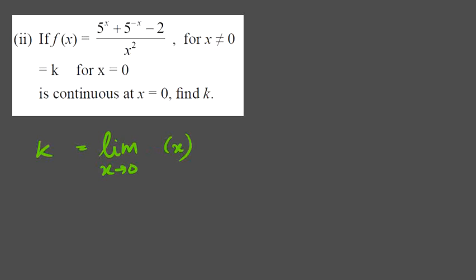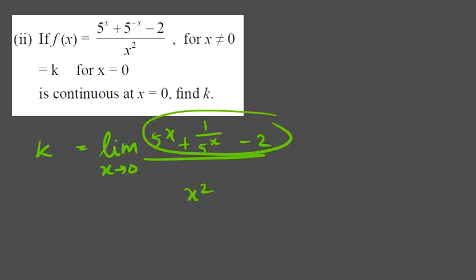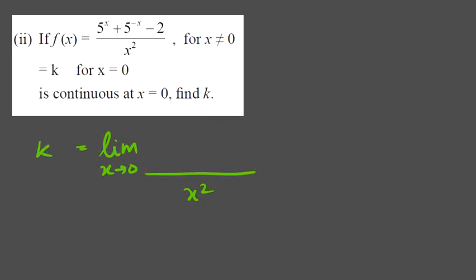We are writing our f of x as 5 power x plus 5 power minus x minus 2, the whole divided by x square. 5 power minus x is like 1 upon 5 power x, and when you combine all these terms in the numerator you have 5 power x the whole square plus 1 minus 2 into 5 power x, the whole divided by 5 power x.